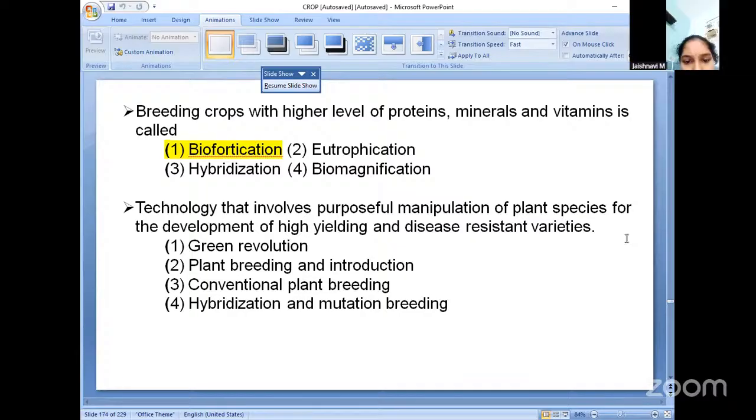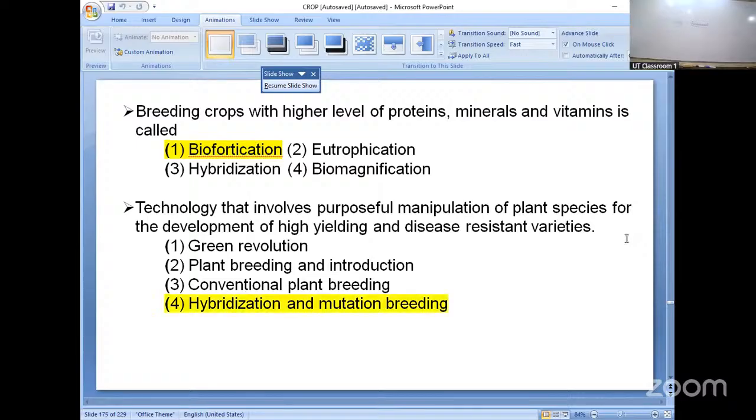High-yielding varieties are produced by hybridization and mutation breeding.